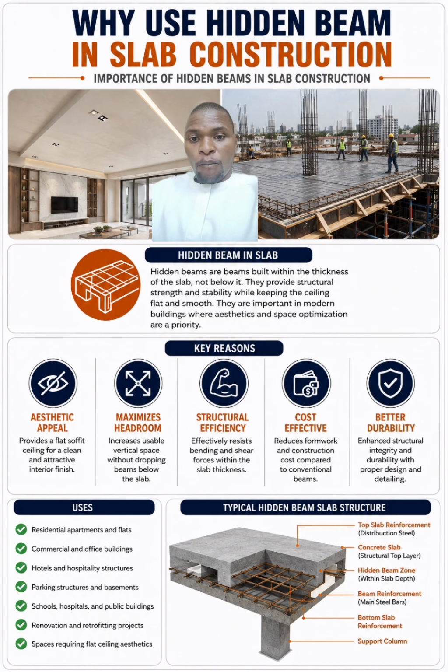Then we have the concrete slab, which is the structural top layer. Then we have the hidden beam zone. This is the zone where you have your hidden beam, which is within the slab depth, right? Then we have beam reinforcement, which is our main steel bar. Then we have the slab reinforcement. Then we have the supporting column.